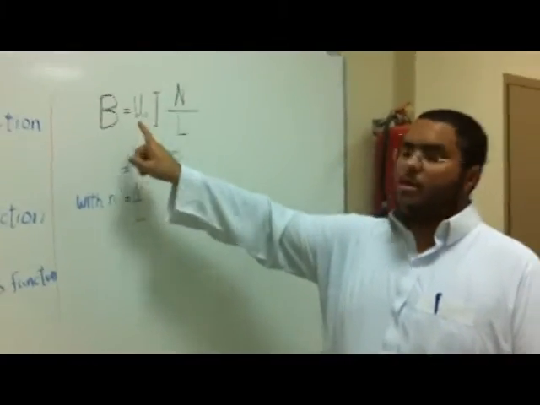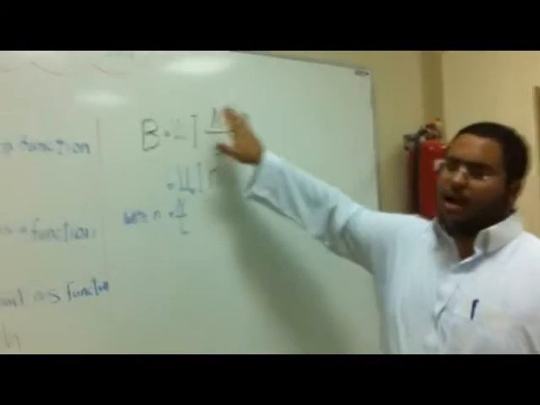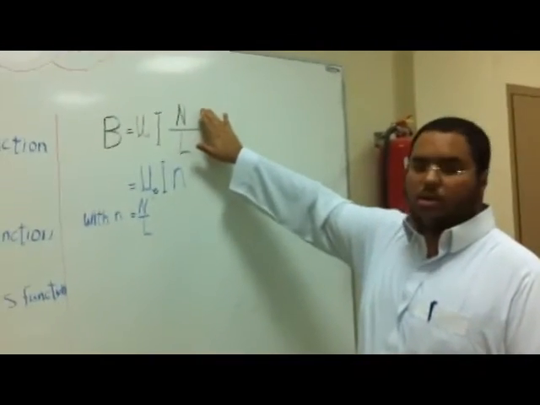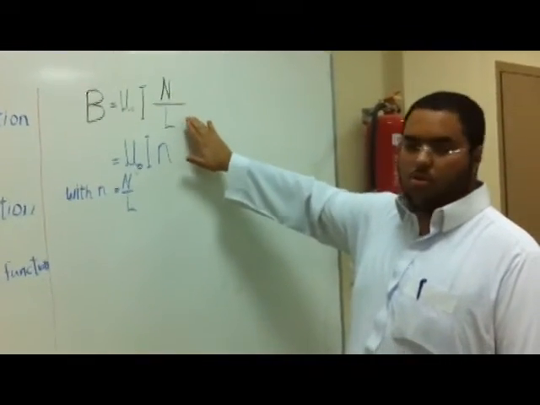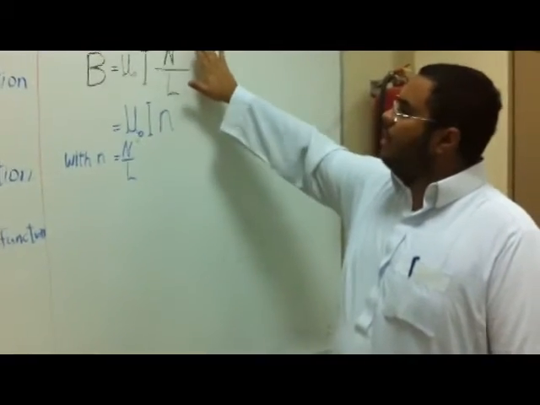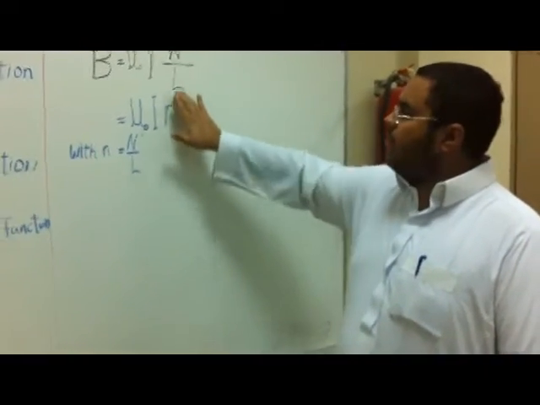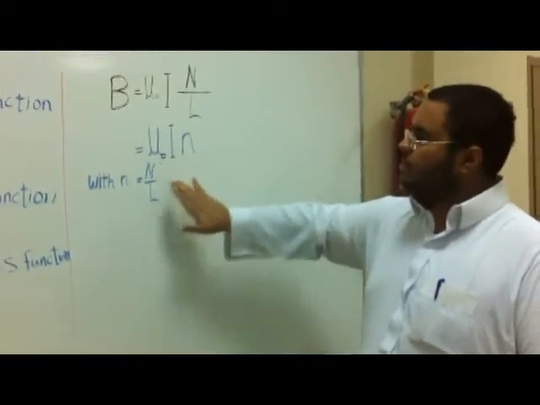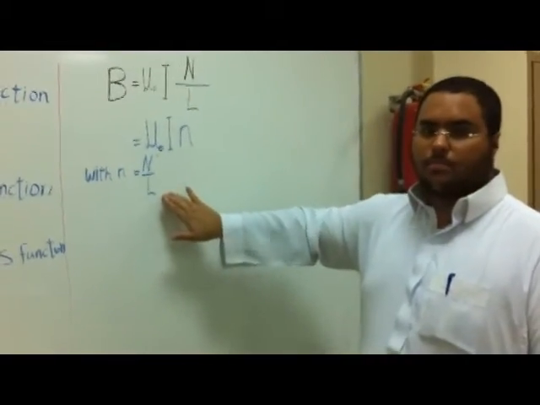Now we're going to study the relationship between the magnetic field and the number of coils per unit length. So we're going to replace N over L with a small n, which means N over L. Like before, we make two variables change and the others constant.